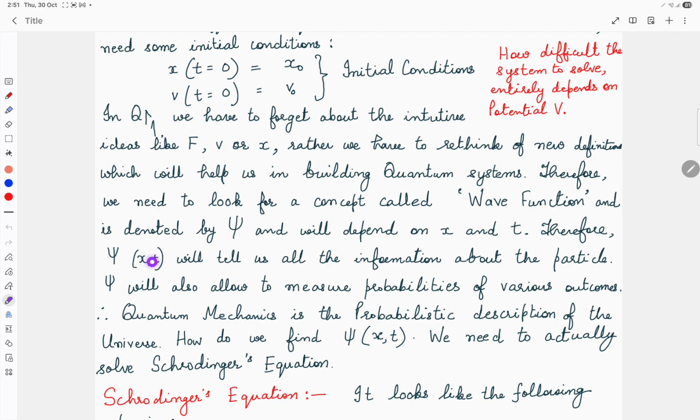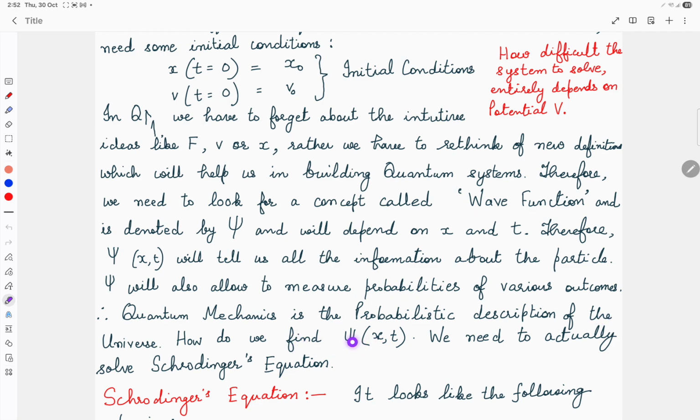So we cannot say with certainty the position of the electron or the particle, but we can express it probabilistically. Therefore quantum mechanics is the probabilistic description of the universe.